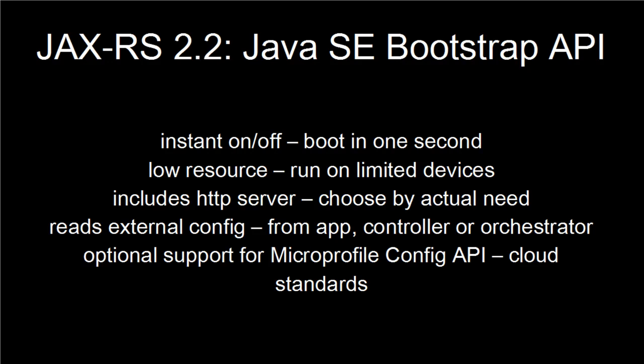Certainly, this configuration can come from different sources. So, for example, we can have a file, we can have environment variables, and certainly we can have things like the MicroProfile Config API. I told earlier that this is possible. And the interesting part is that even without the MicroProfile Config API, this flexibility allows you to run your application in a very lightweight Kubernetes environment, because Kubernetes is able to provide, for example, environment variables.